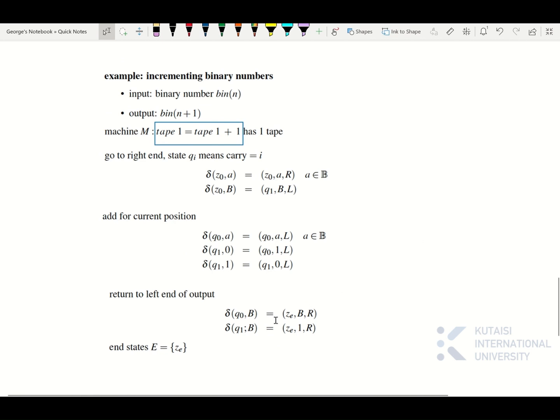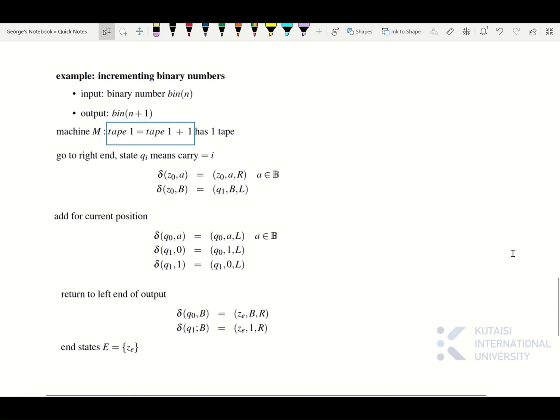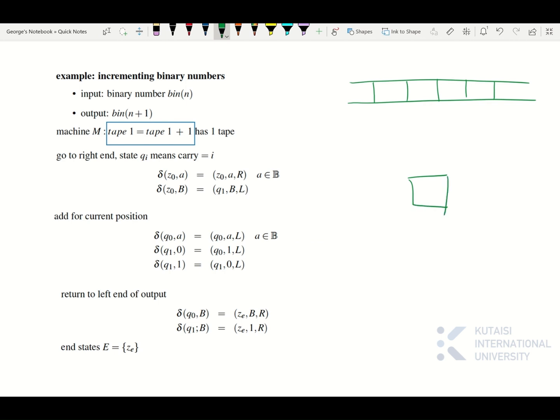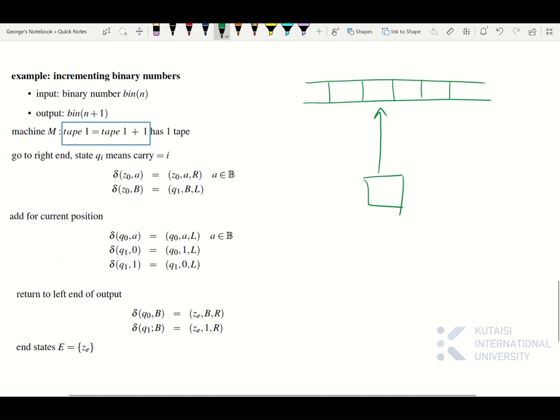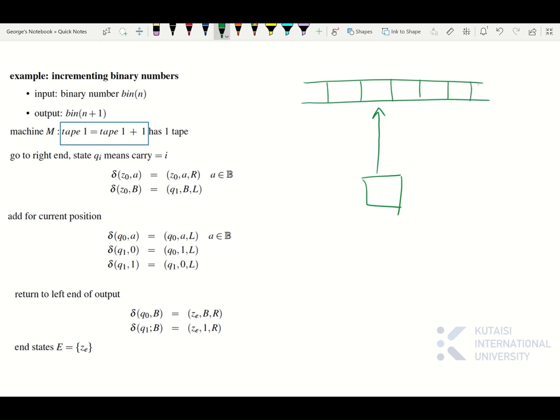Let's read what this machine is doing. It only has one tape, doesn't need any k tapes, and it starts like this. Let's say it starts with the binary number 0, 0, 1, 1, 1, and then everything else is blank symbols.